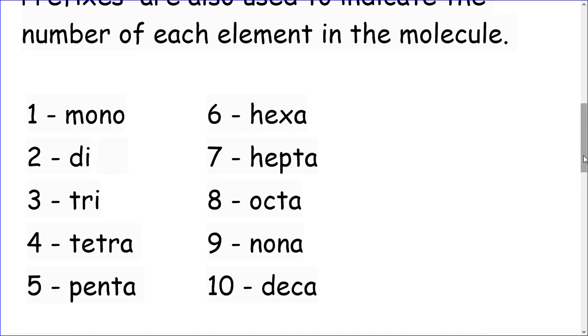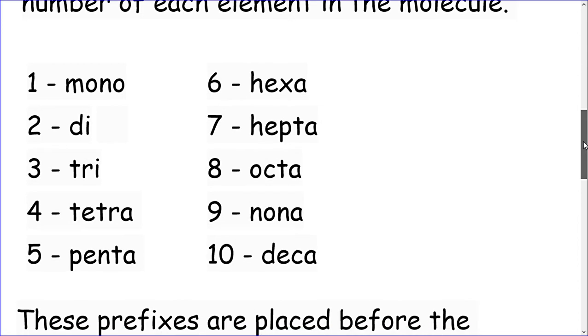And when I get to 10 and I see deca, I normally think of decade, representing 10 years. So mono is 1, di is 2, tri is 3, tetra is 4, penta is 5, hexa is 6, and so on. Those prefixes are ones you're going to have to get straight in your head. I would definitely write them down somewhere so you have them to refer back to.